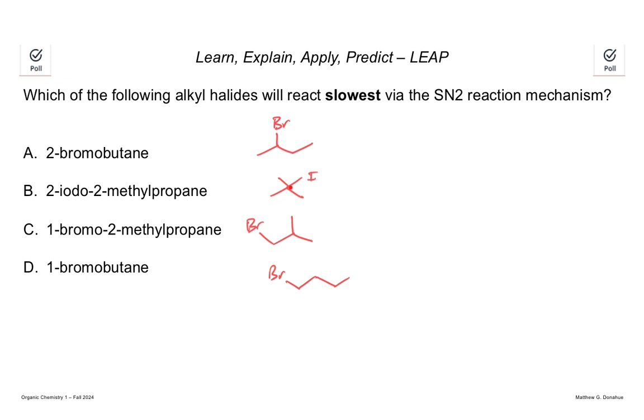From that carbon, you're counting the number of carbons attached to it. So you have 1, 2, 3. So secondary, tertiary, primary, and primary. So now the slowest one would be choice B, because that's tertiary.